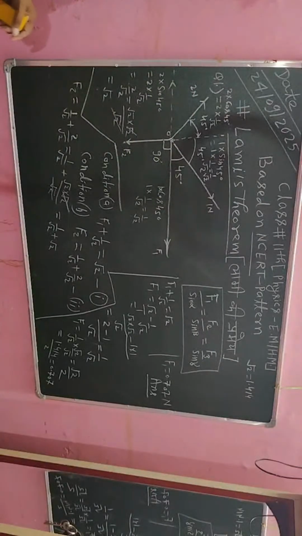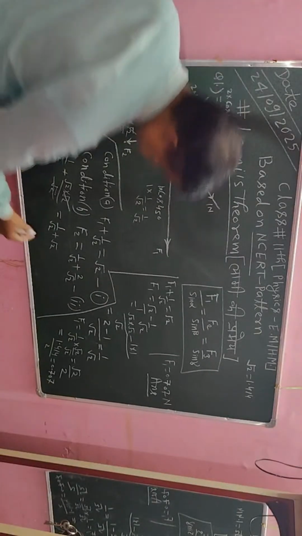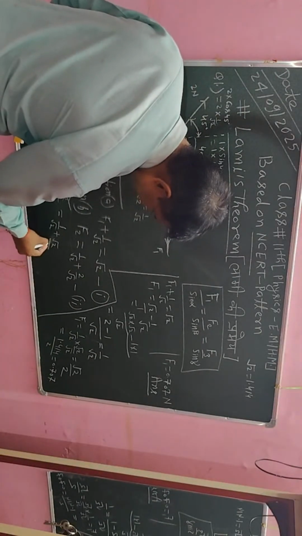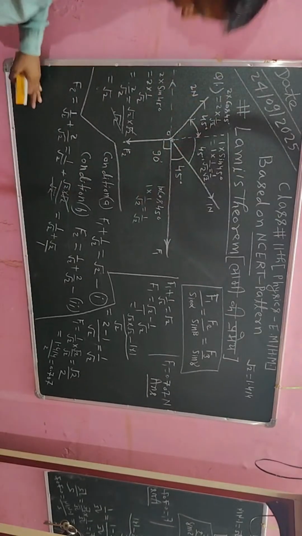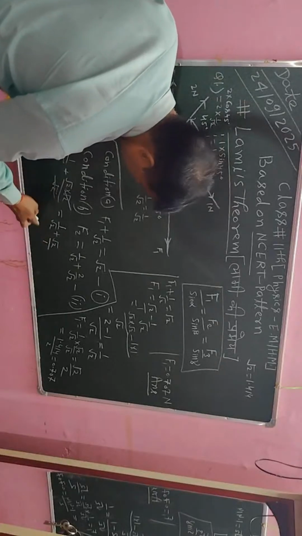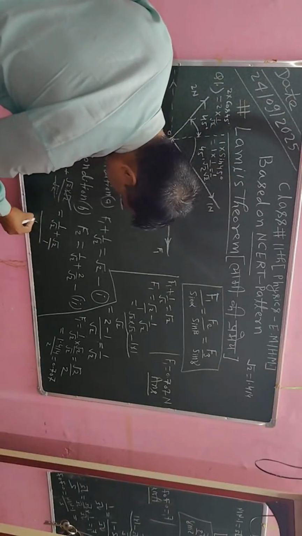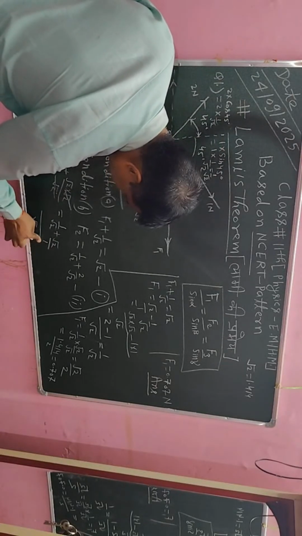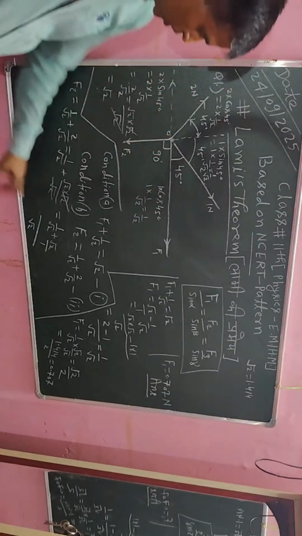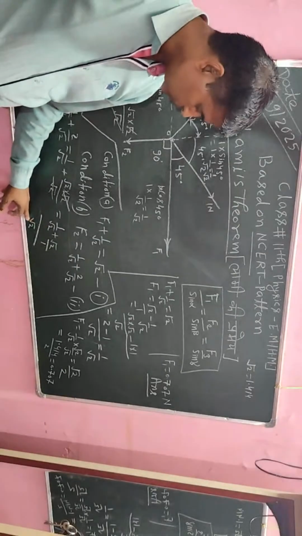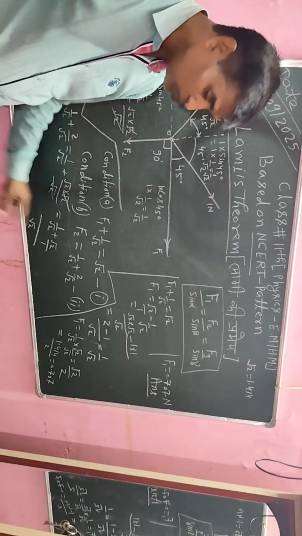Okay, now further I will also take its LCM, so root 2 divided by 1 I can write. After writing, I will take the LCM of 1 and root 2, that will be root 2. So here, root 2 divided by root 2 will be 1.